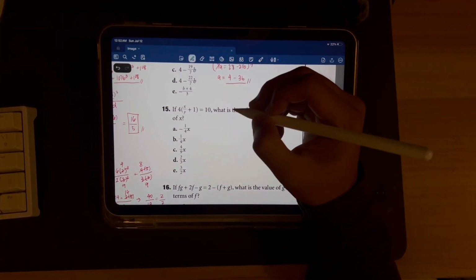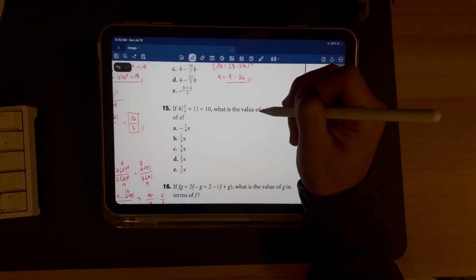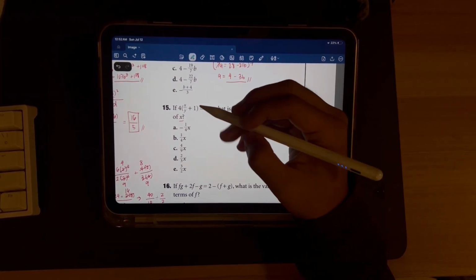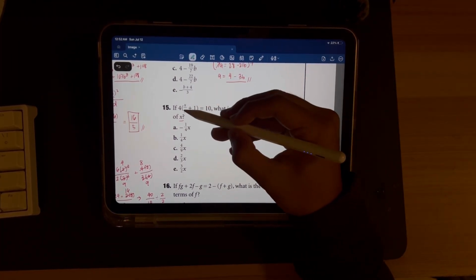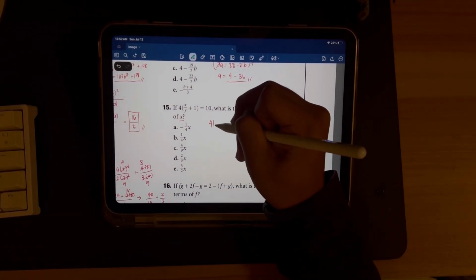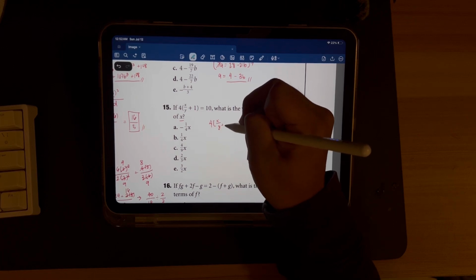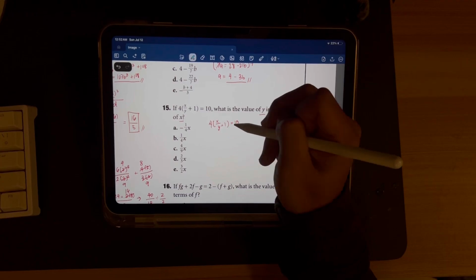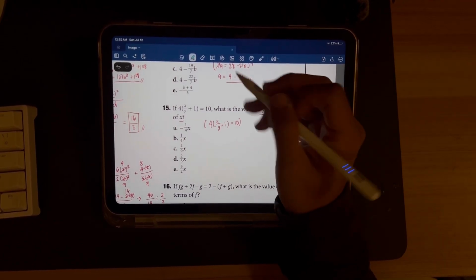So for the 15th question, we are again asked to find the value of y in terms of x. And let's first do that by isolating the y in the denominator. Let's first rewrite the whole equation: 4 multiplied by the quantity of x over y plus 1 is equal to 10. Let us first divide 4 both sides to get rid of this.